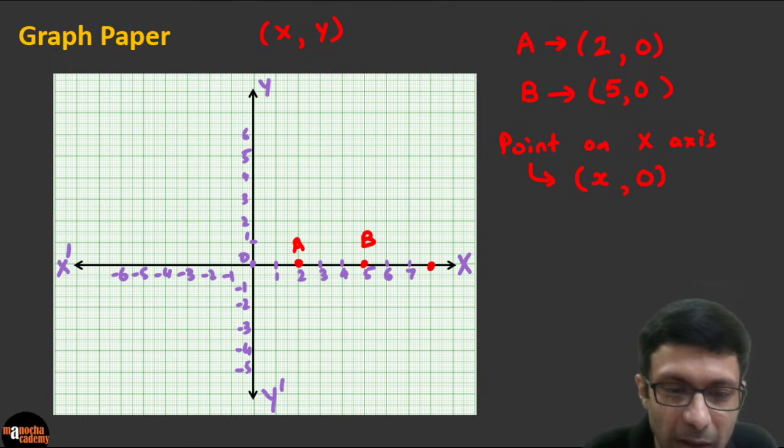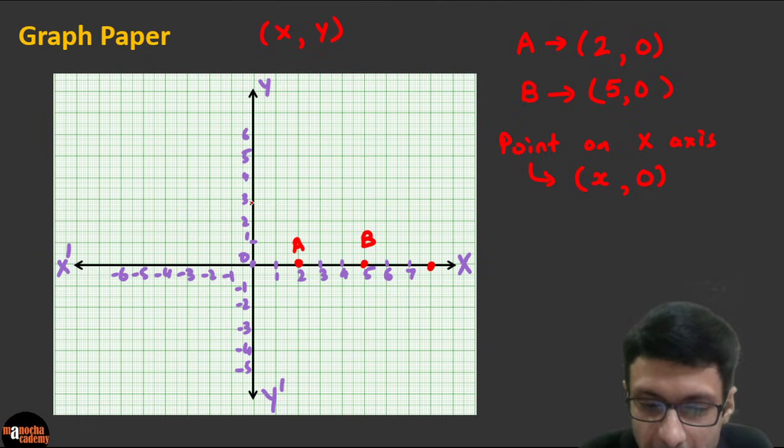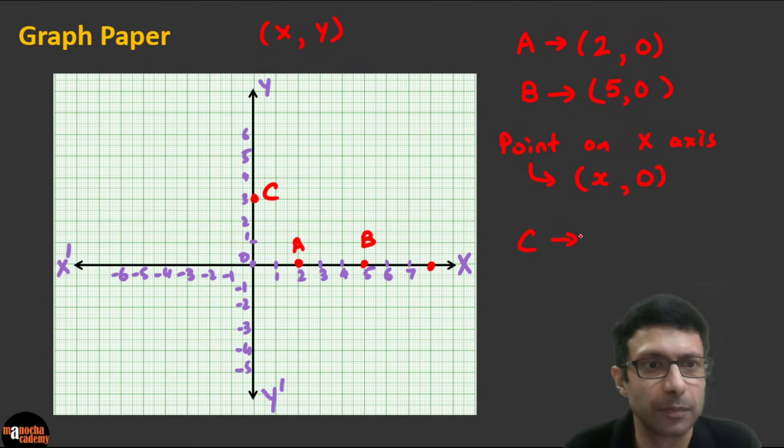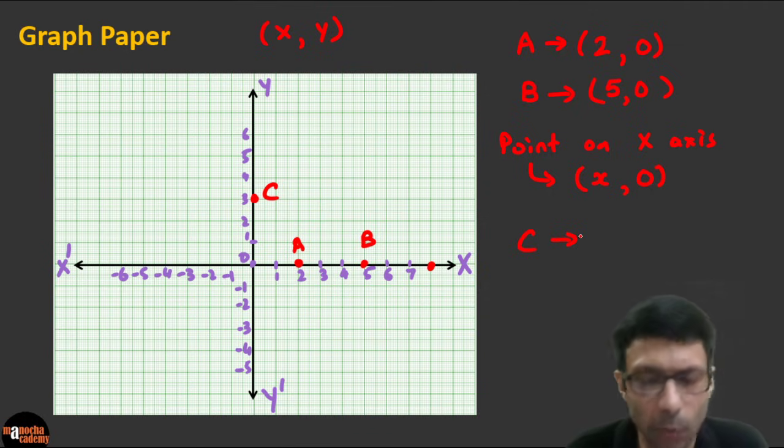And similarly, guys, let's say I mark this point here. Can you see the point C over here? Who can tell me what will be the coordinates of C? Come on. I think Divyam has the right answer. Come on, guys. Very good.